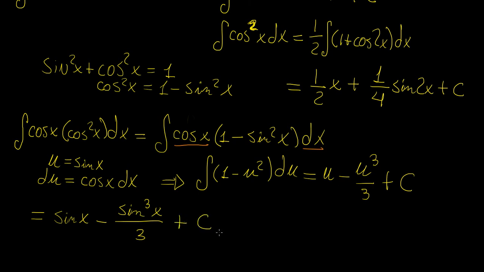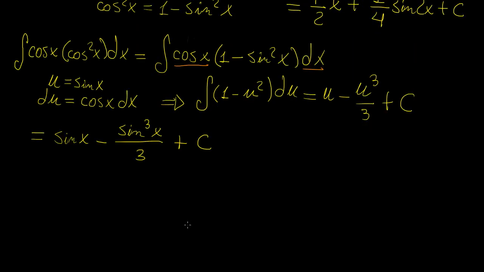And you might be thinking, well, hang on a minute, if I differentiate this, it doesn't really become cosine cubed x, does it? Well, let's have a look at it. Let's differentiate this function with respect to x, so let's see what we get. This function is going to become cosine of x. The c is going to become 0, so we can ignore it.